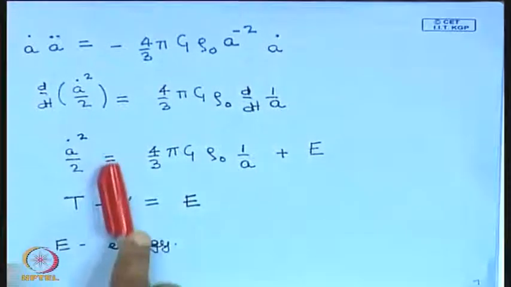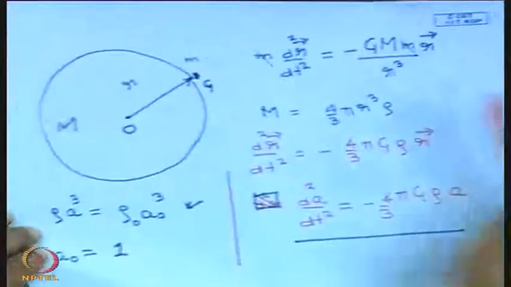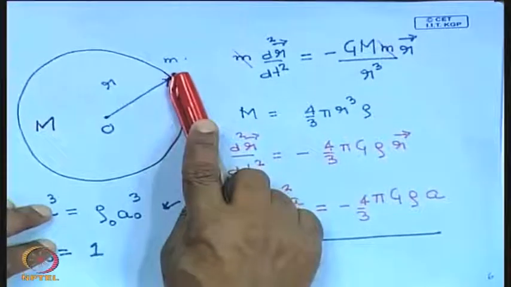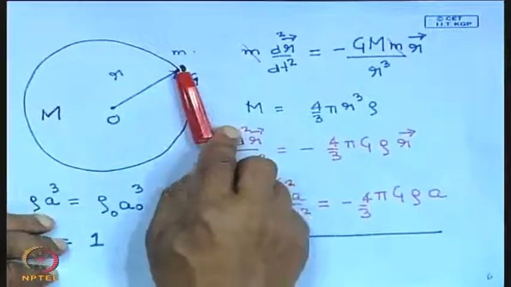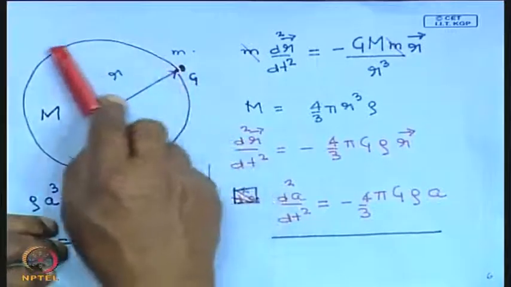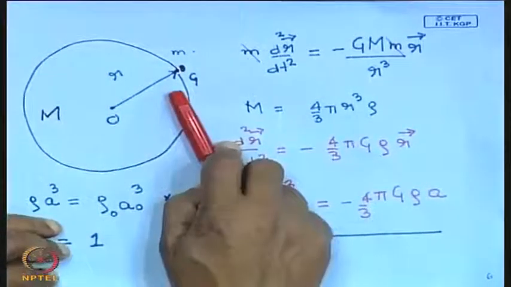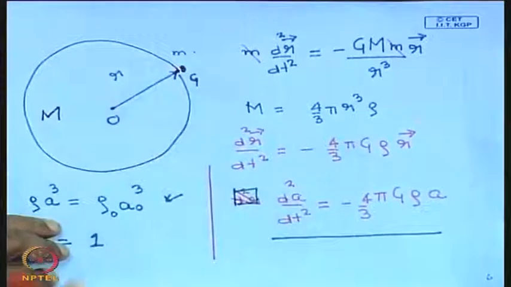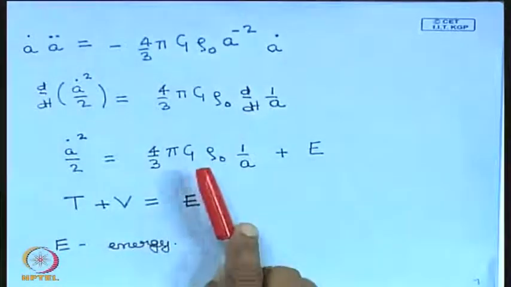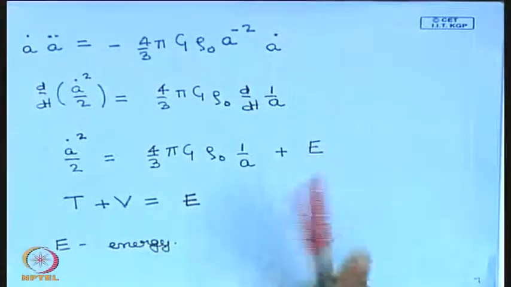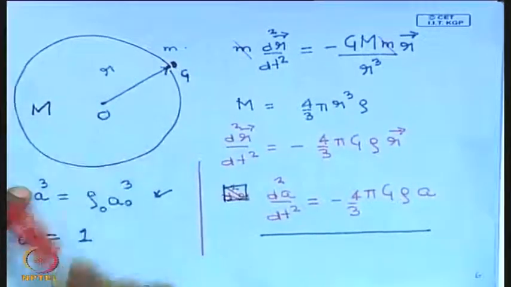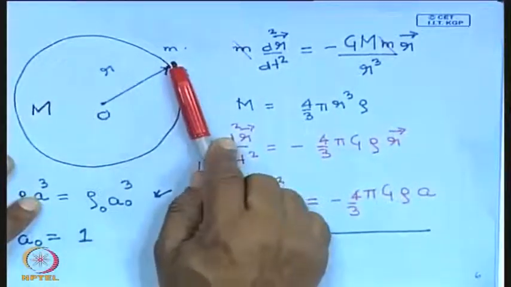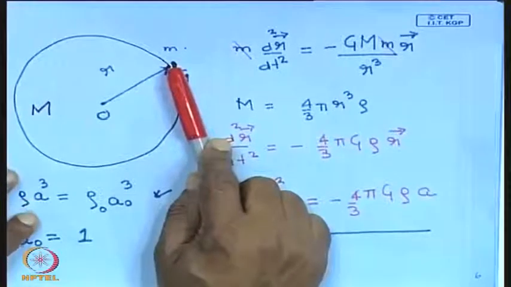This term could be identified with the kinetic energy of this galaxy. This term could be identified with the potential energy of this galaxy, the gravitational potential energy due to all the mass inside, minus G m by r essentially. And we know that in Newtonian mechanics, if I have a system like this, then the total energy of this particle is going to be conserved.